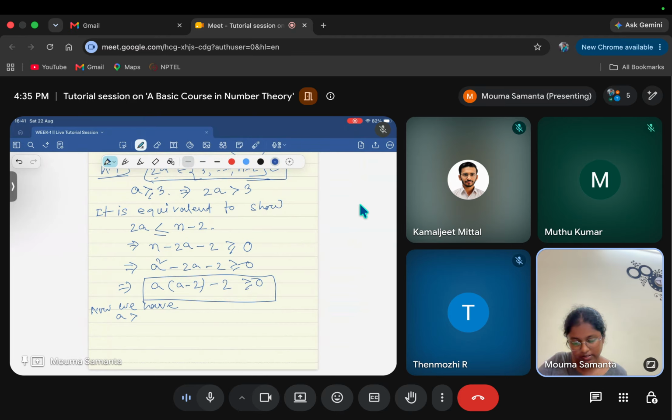This is just calculation, I have checked, there may be some other way to show this kind of question, but this is the way I have solved. So the given condition was a greater than or equal to 3. Therefore what we can conclude is that a times (a minus 2) is greater than or equal to 2.